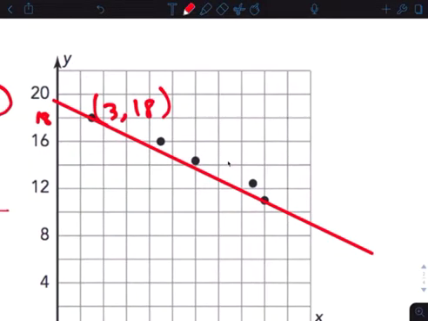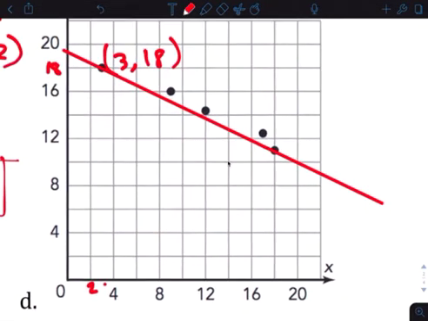Then they can use another point, let's say 14 and 13. That's one. They can only use points that are on the line.